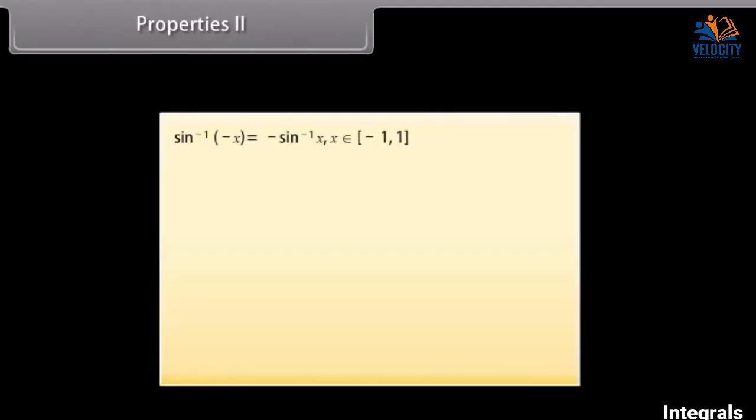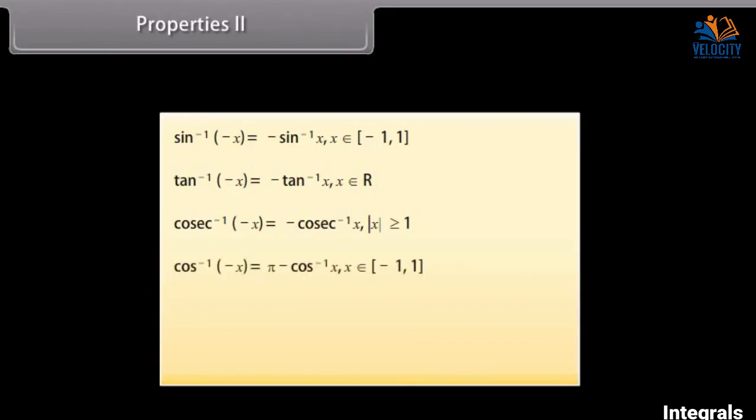Properties 2. Sine inverse minus x is equal to minus sine inverse x, x belongs to minus 1, 1. Tan inverse minus x is equal to minus tan inverse x, x belongs to R. Cosec inverse minus x is equal to minus cosec inverse x, modulus of x is greater than or equal to 1.